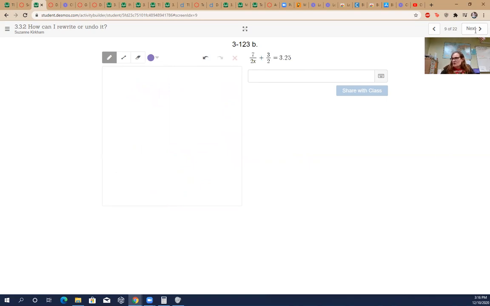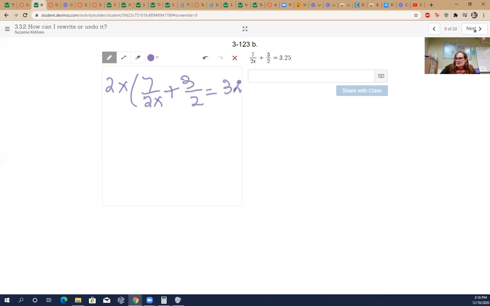Okay, so on this one, we have a 2x and a 2, and then nothing. That means we just need to multiply it by 2x. So we'll go 2x times 7 over 2x plus 3 over 2 equals 3.25. And I ran out of room.